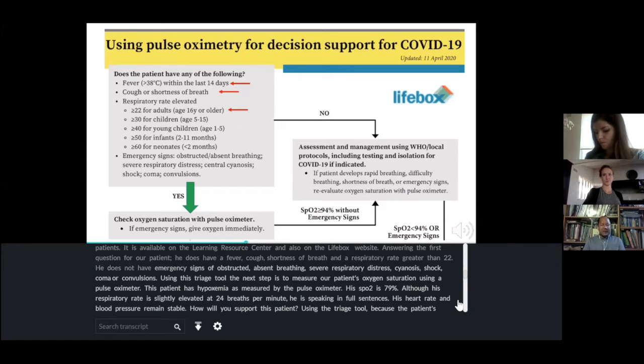He does not have emergency signs of obstructed, absent breathing, severe respiratory distress, cyanosis, shock, coma, or convulsions. Using this triage tool, the next step is to measure our patient's oxygen saturation using a pulse oximeter.